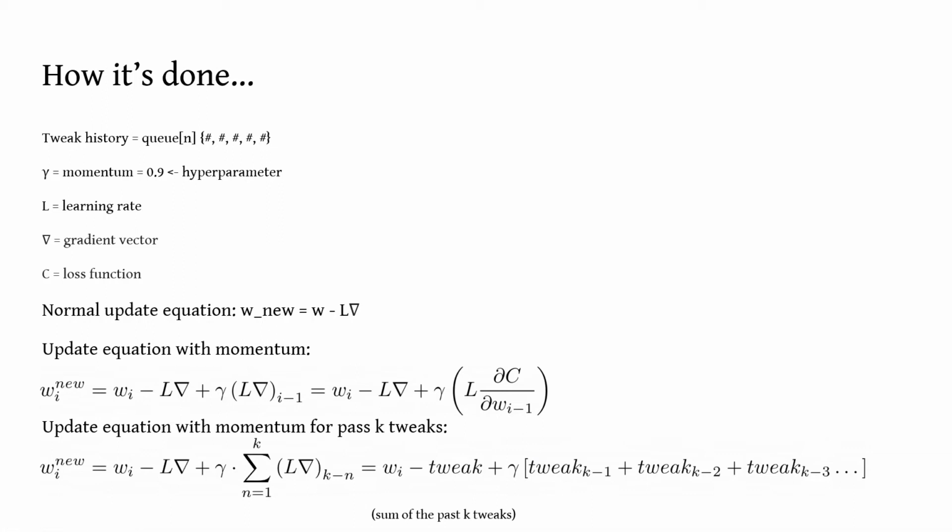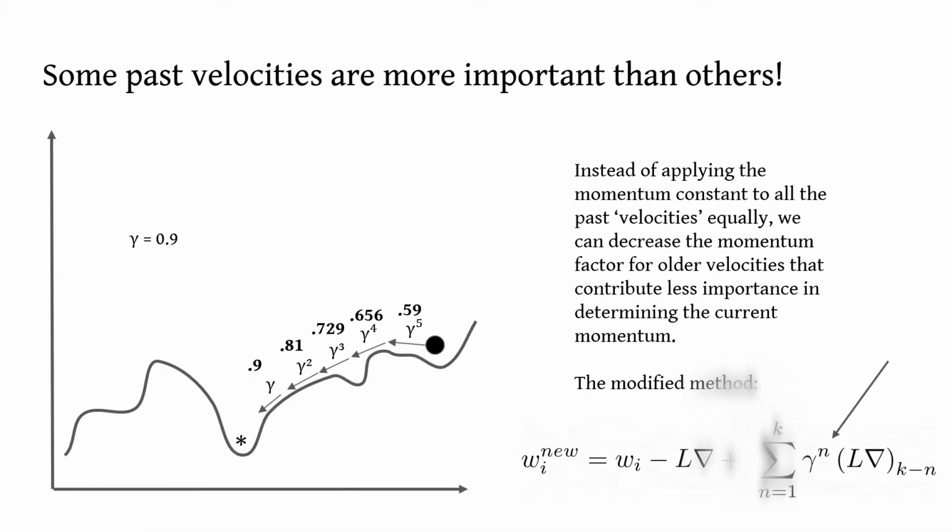There is only one problem with this, however, and it's that tweaks that were made way back in the beginning are going to hold way less importance in determining what the current momentum should be than, say, the last tweak is. So instead of multiplying all the past tweaks by the same momentum constant, we can actually reduce the momentum constant by raising it to a power 1 greater than before.